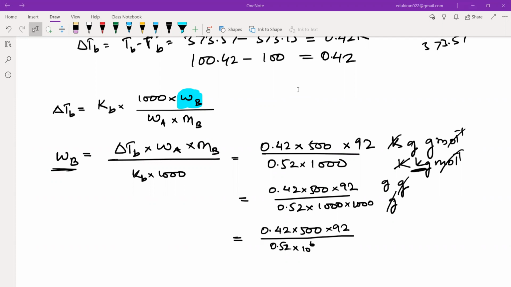Oh, I think I have messed up one place. The place where I messed up was that I had to take WA in terms of kg, whatever was given in kg, we had to take that. I had to take this as 0.5 and here kg. Then both of these should have got cancelled.